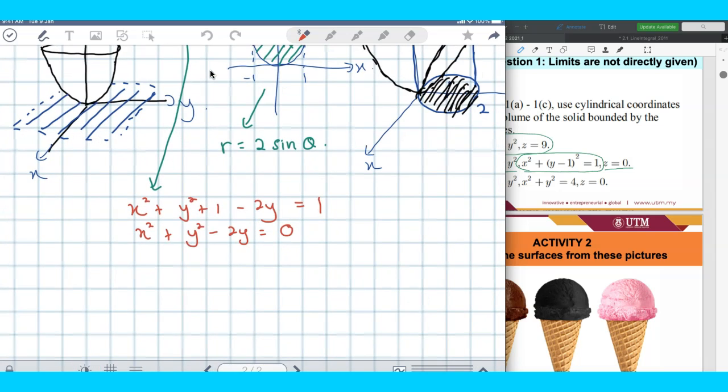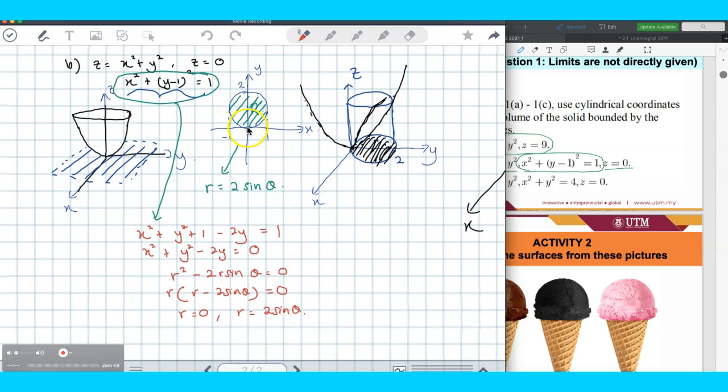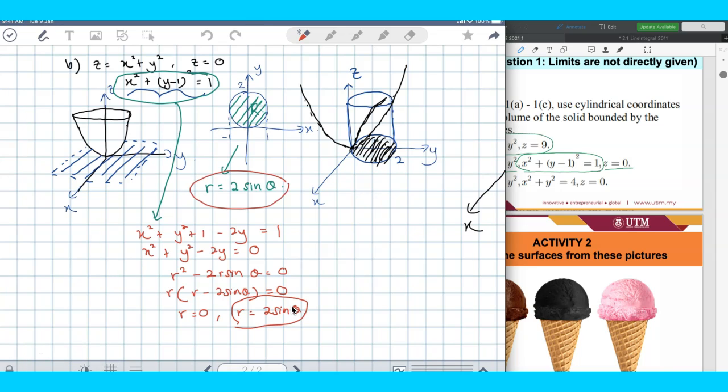Then convert into polar: r squared minus 2 r sine theta equals 0, and we can factorize the r. We get two expressions, r equals 0 and r equals 2 sine theta. So we know that the graph should be this one. r equals 0 is just a dot. So the possible equation for this in polar is r equals 2 sine theta. Or you can have this straight away if you remember the polar function based on the graph given.